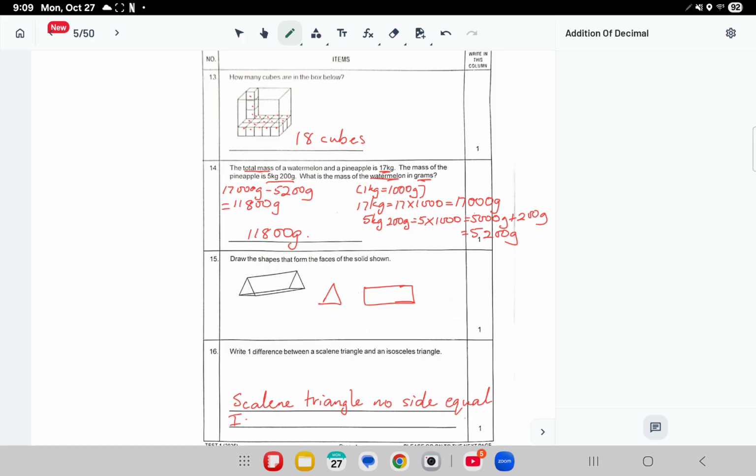And we know an isosceles triangle has two sides equal and two angles also equal. Alright, so that's one difference. Scalene triangle, no sides are equal. Isosceles triangle, two sides are equal.